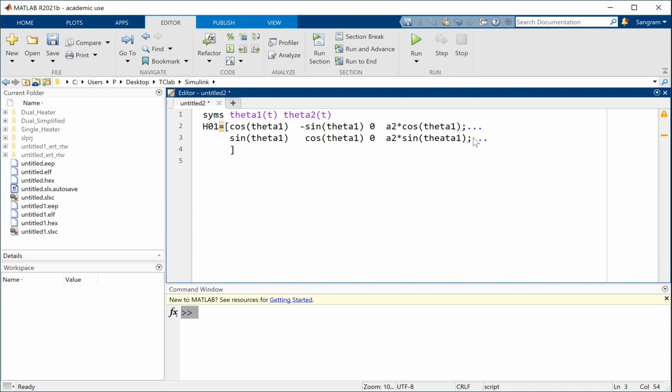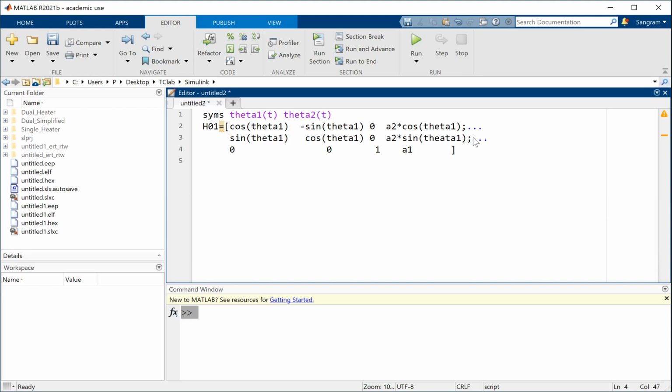Then this is 0, 0. There is 1. And then here there is A1, right? No, it's not A3, A1.